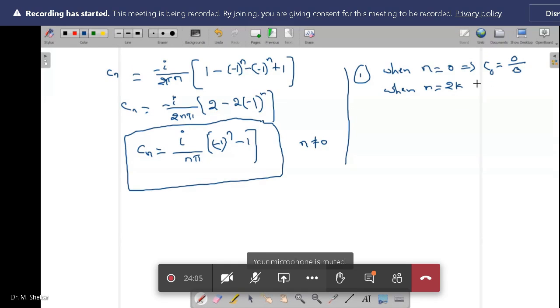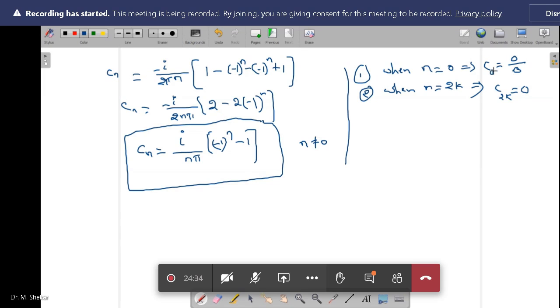So minus 1 power 2k can be written as minus 1 square power k. Minus 1 square is plus 1, so 1 power k is 1. So all C2k becomes 0. All C2k becomes 0 when n is even, whereas when n is 0 we get 0 by 0 form.